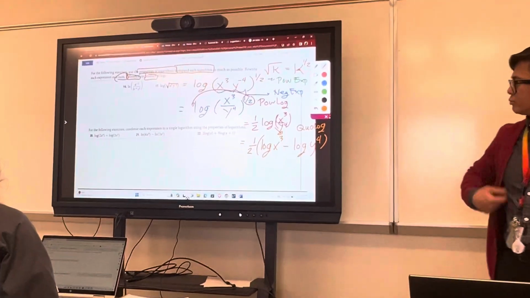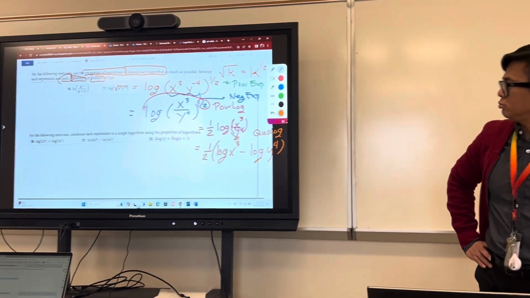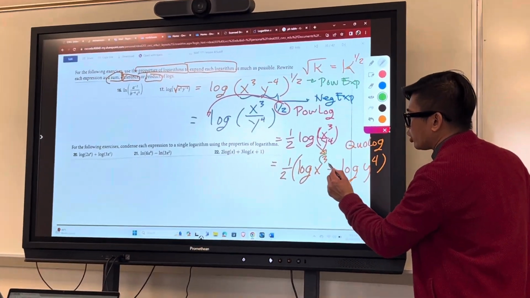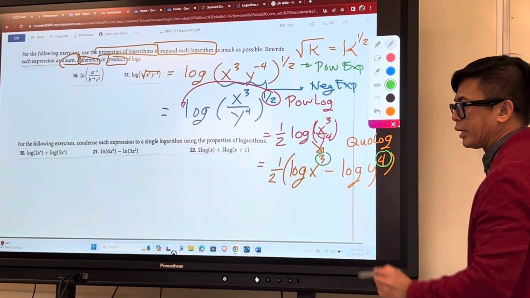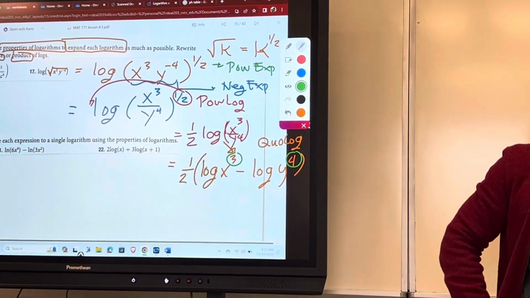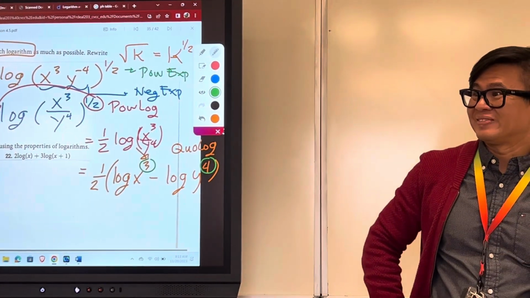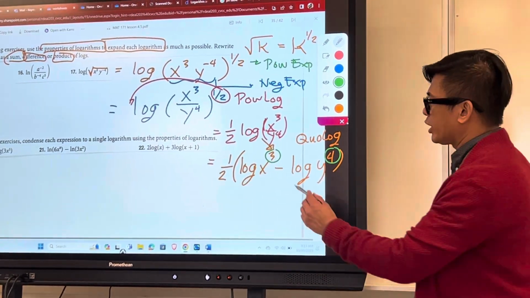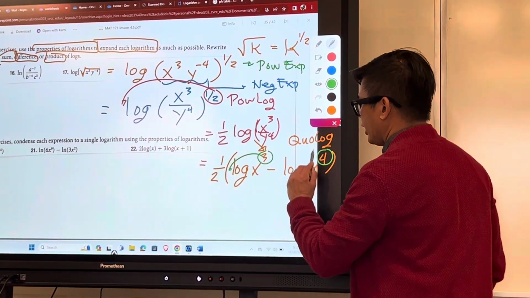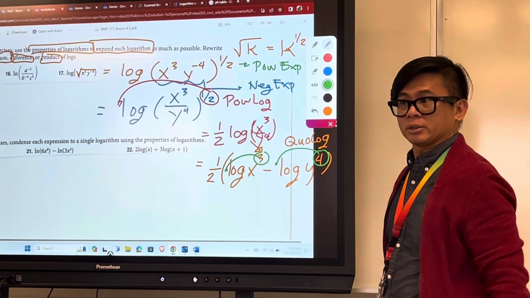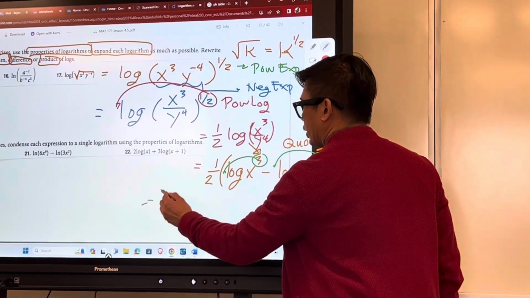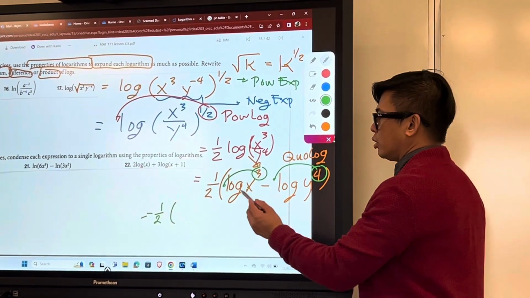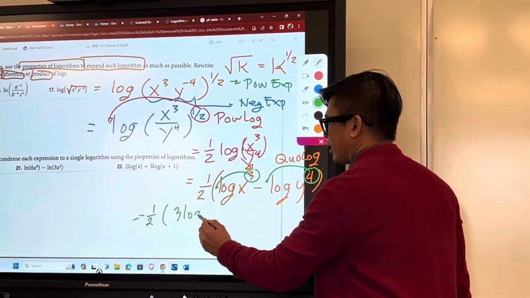And the last one. What do we notice in here? We still have a power on the x and a power on the y. What are we going to do for those two? Put them in front. By the power rule, we can put these in front. So that can be written as 1/2 times 3 log x. Very good, Madeline.